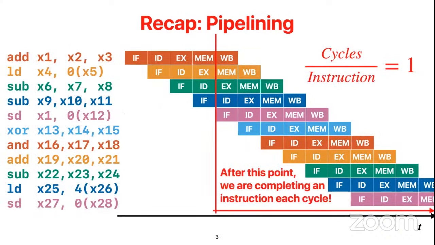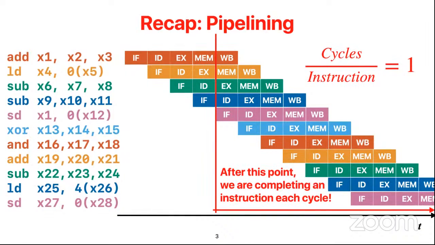If you look at the pipeline diagram that we drew, although in the very beginning it looks like we are not fully utilizing the processor, once every component is filled with instructions, at some point every cycle you are completing an instruction and your CPI is equivalent to 1, if the pipeline works perfectly.